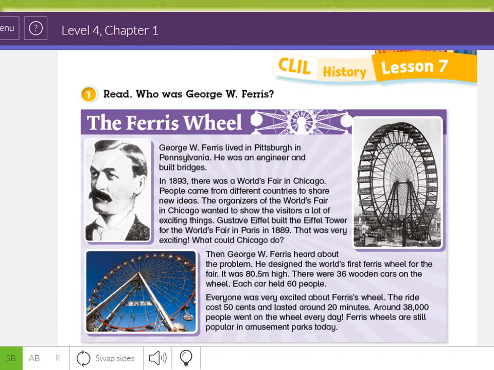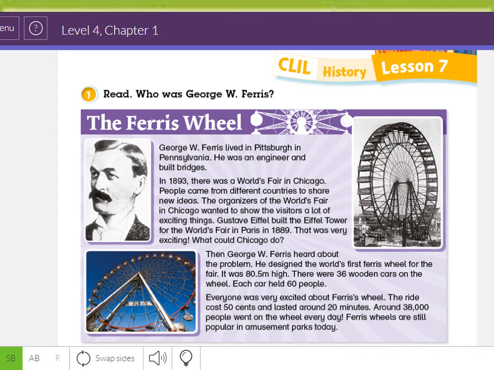Then George W. Ferris heard about the problem. He designed the world's first Ferris wheel for the fair. It was 80.5 meters high. There were 36 wooden cars on the wheel. Each car held 60 people.